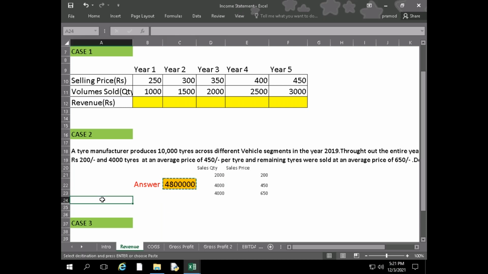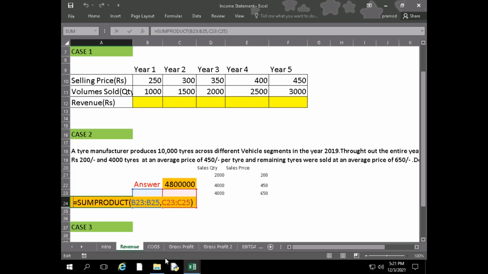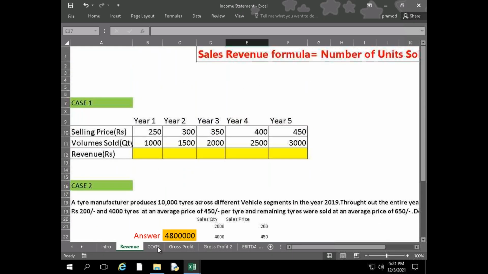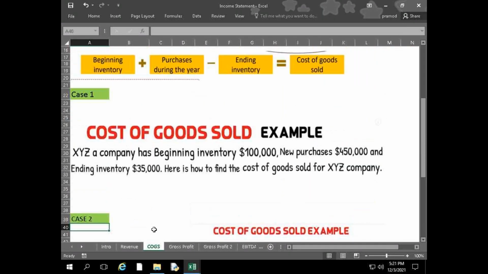How many cases should we do, sir? There are 3 cases in the revenue sheet. For COGS, in case 1 you find out only the COGS.